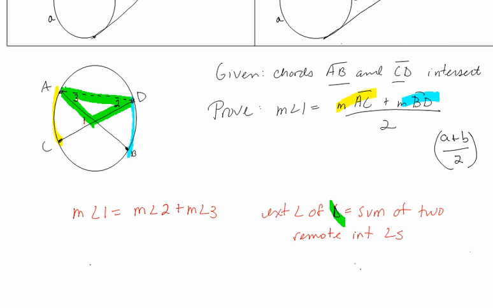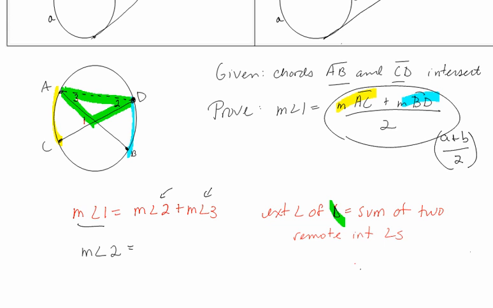Alright, next, let's take a closer look at angle 2. Okay. Measure of angle 1 is what I need to prove, so that doesn't need to go, but angle 2 and angle 3 need to be replaced with something in order for me to arrive at this result. So what can I write for angle 2? Well, if you look, angle 2 is actually an inscribed angle.